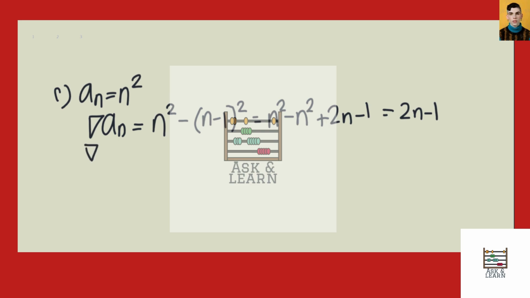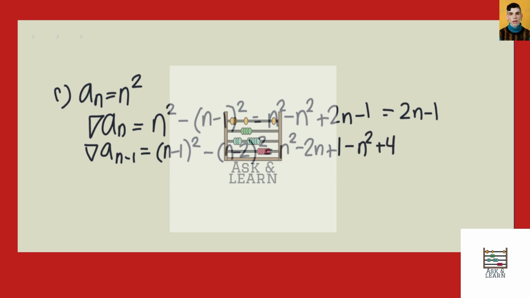And then we'll do the same thing for n minus 1, which gives us n minus 1 squared minus n minus 2 squared. Which gives us n squared minus 2n plus 1 minus n squared plus 4n minus 4.